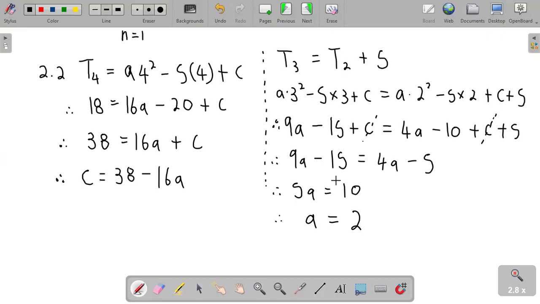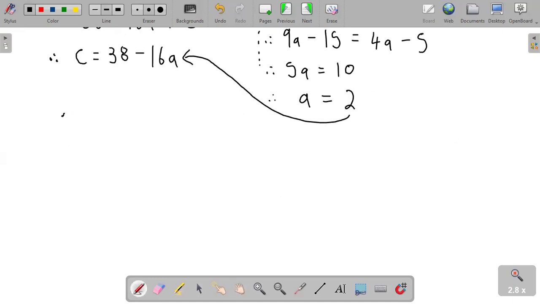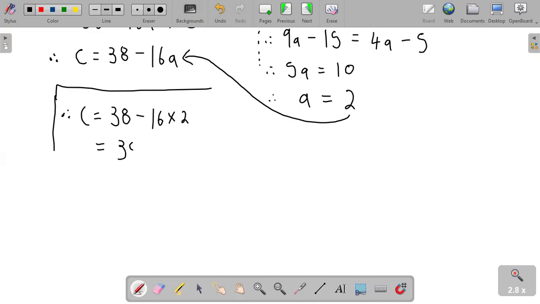So after we get a, we substitute a this side in order to get c, isn't it? So then c equals 38 minus 16 times 2. So it's going to be 38 minus 32, which is going to be 6.